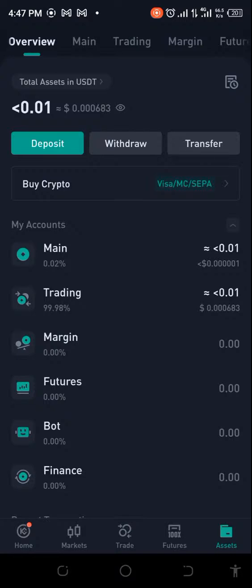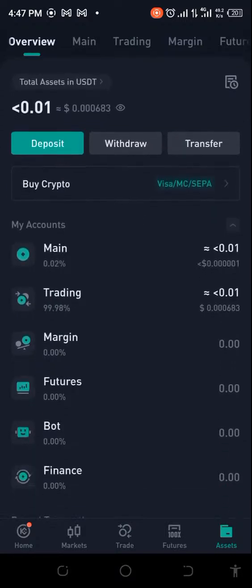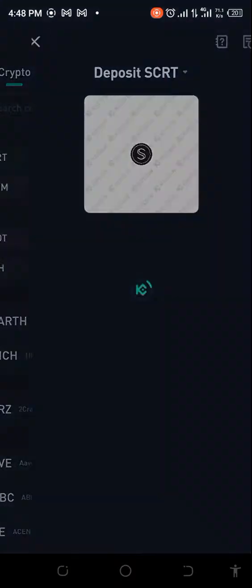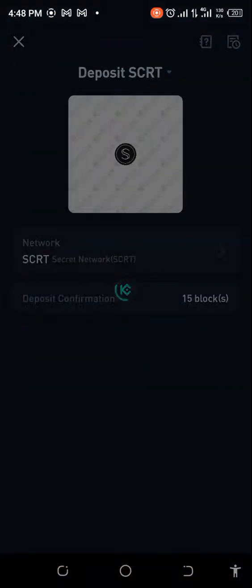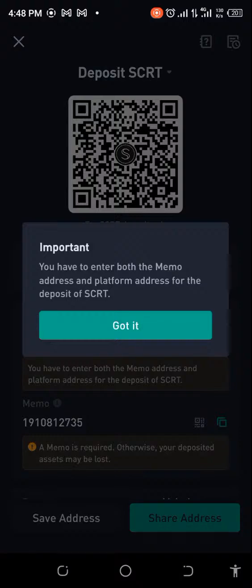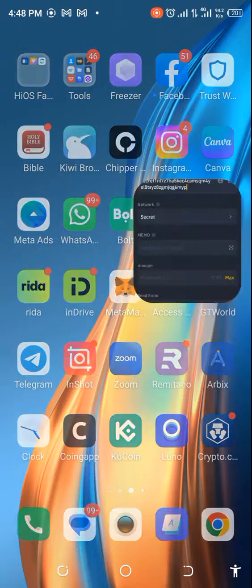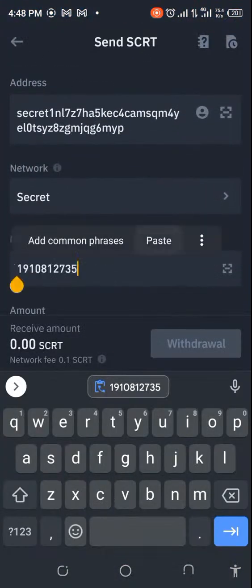Okay, sorry, it looks like, no, we're supposed to deposit. We're supposed to deposit into, yeah, we need that place. Let's go back and go ahead and put the memo tag.